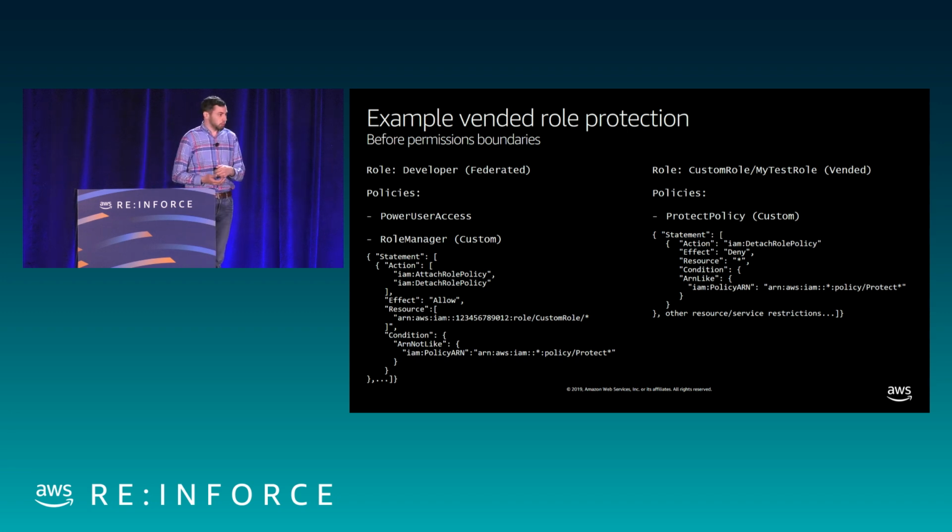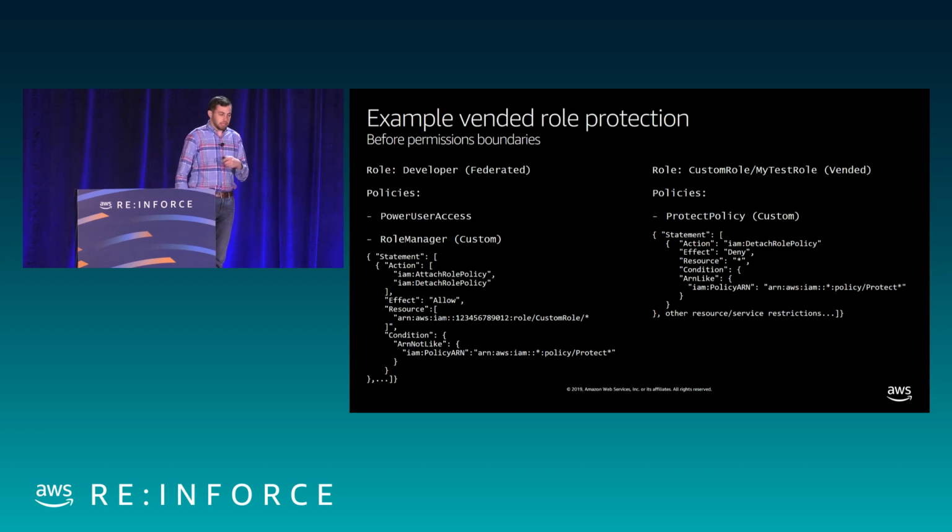Part of this is to support APIs which don't have support for condition keys. The other reason is it helps us really audit and identify these roles. It makes searching CloudTrail logs much easier, for example. And lastly, we say you can take these actions such that the resource that you're trying to attach to that role or detach from that role is something we call a protect policy.